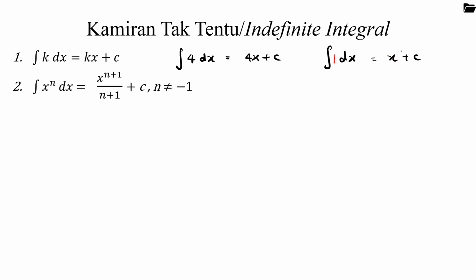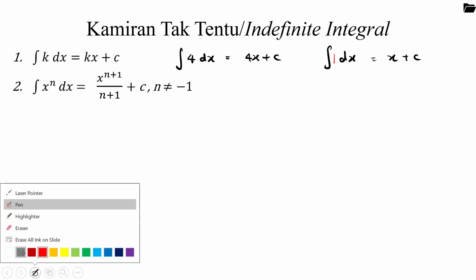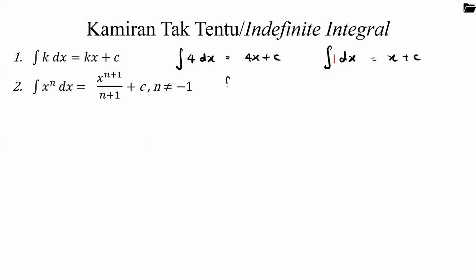Next, this one. Generally, if you have x to the power n, increase the power by 1, divide the whole thing by the new power, and always have a plus c there. Now, n can never be negative 1. Example: integrate x to the power of 5 dx.